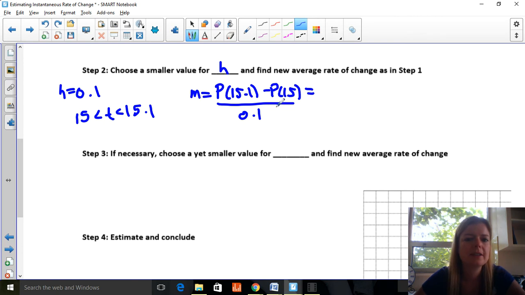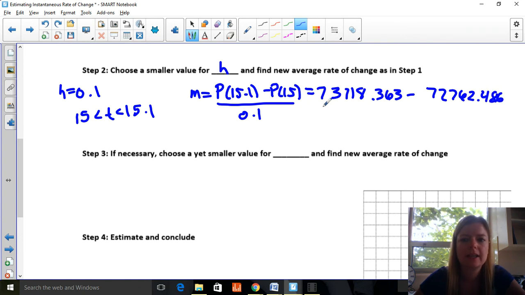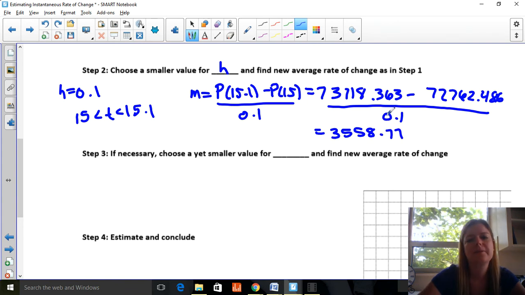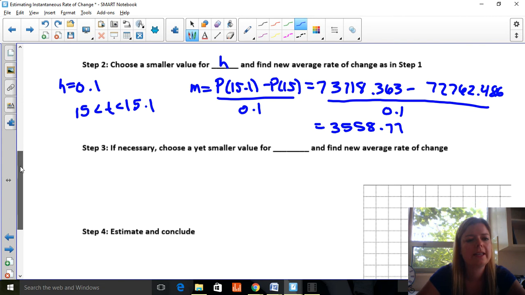So if you put this into your function, you find p at 15.1. I'll show you what it is. You get 73118.363. And then p at 15 is 72762.486. And you divide it by 0.1. Here you get 3558.77.